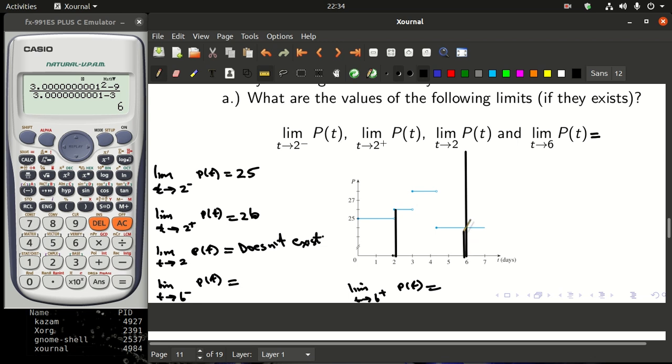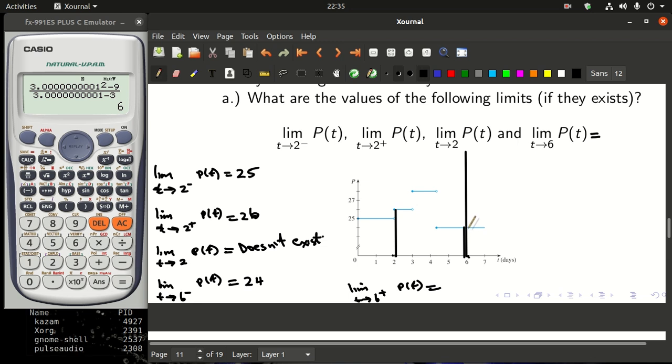So if I go all the way up, what is that point on the function that I'm hitting? You can see that the point that I'm actually hitting is a 24. So here on the left, I have a 24. And then if I pick a point just on the right of 6, such that the calculator cannot actually tell the difference between this value that I'm picking and 6, what will be the output up there?